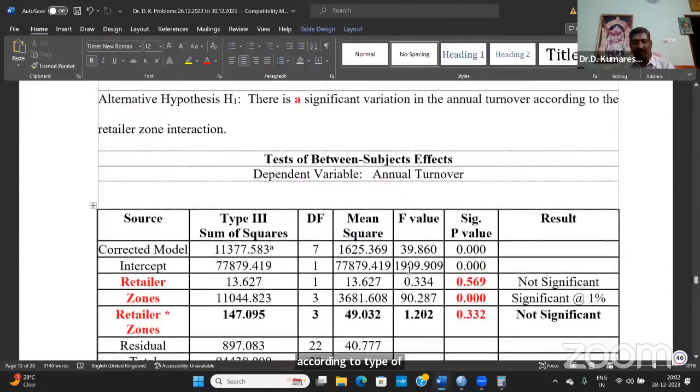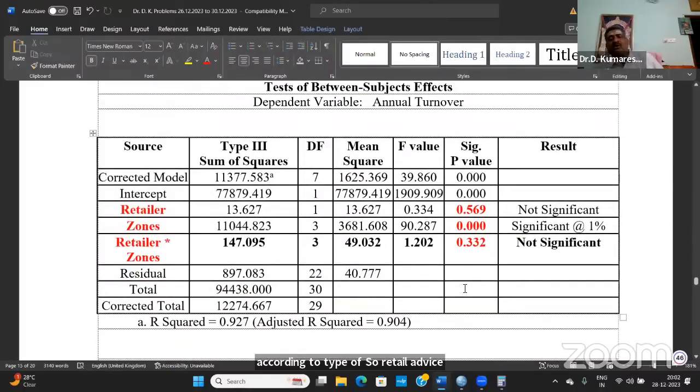So retailer wise, there is no significant difference. There may be difference, but that difference will be very meager. It is not remarkable. Significant means remarkable.